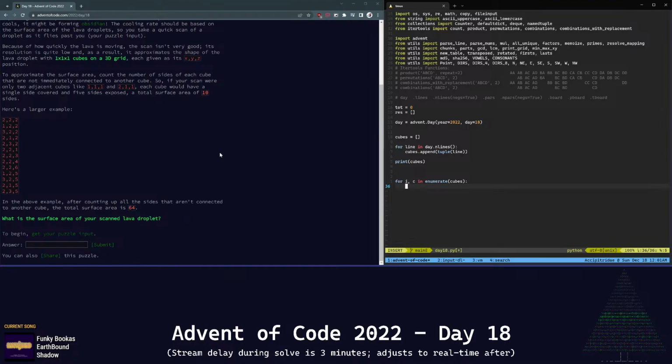If their 2 dimensions are the same and one of them differs by one, it's exposed, right?